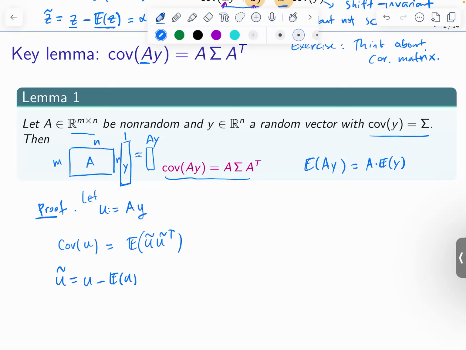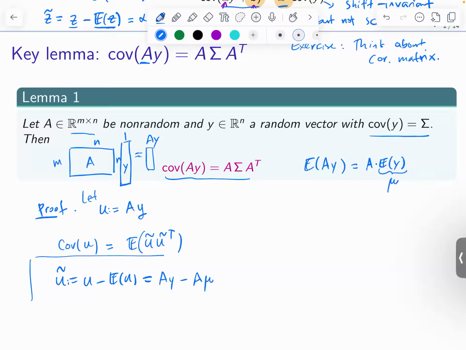Anyone want to help me write down a nice expression for this quantity? u is Ay minus A, you can call it mu if you like. Let's call the expectation of y mu.